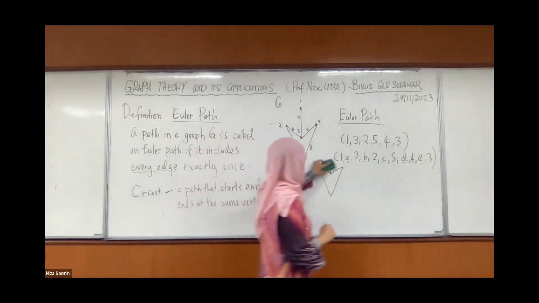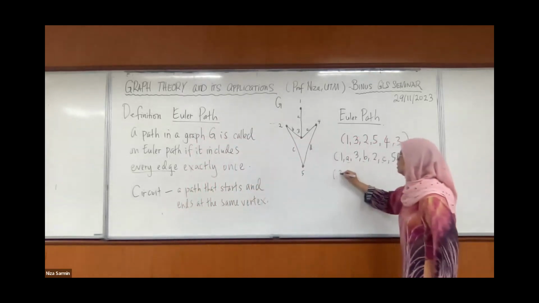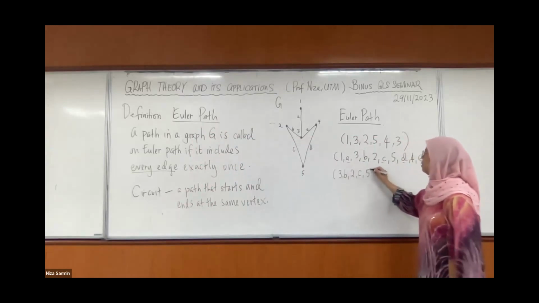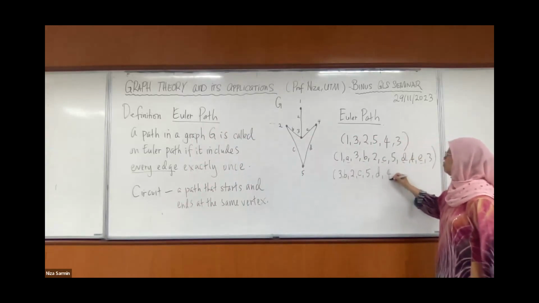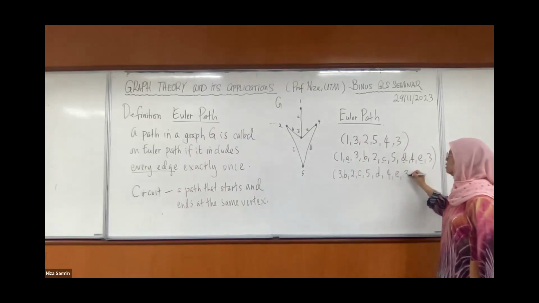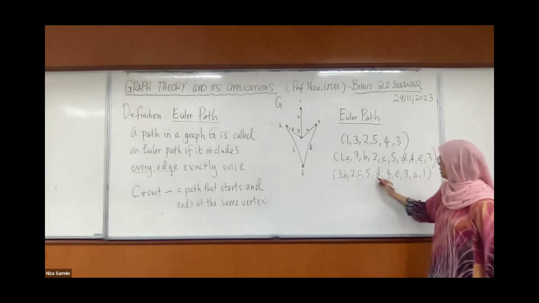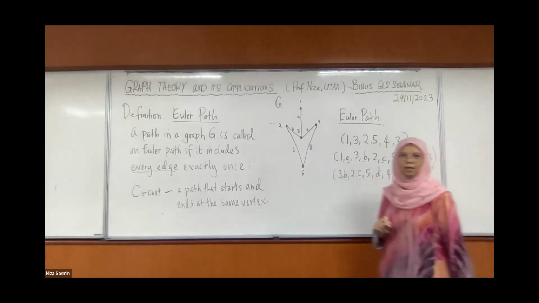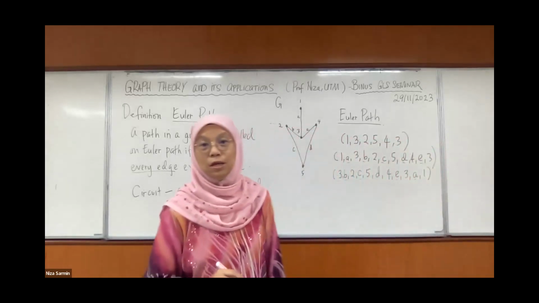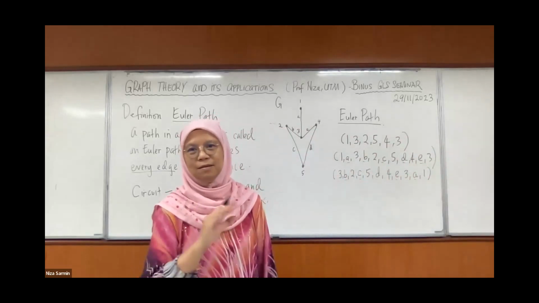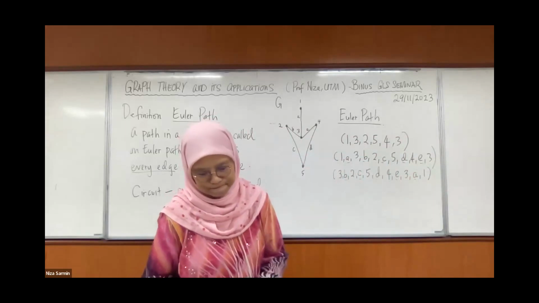So I can have 3, B, 2, C, 5, D, 4, E, 3, A, 1. So you have B, C, D, E, A. Also an Euler path. So you can start in more than one way.